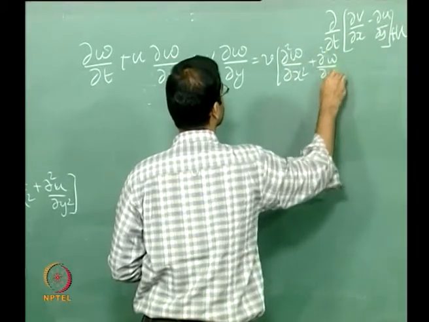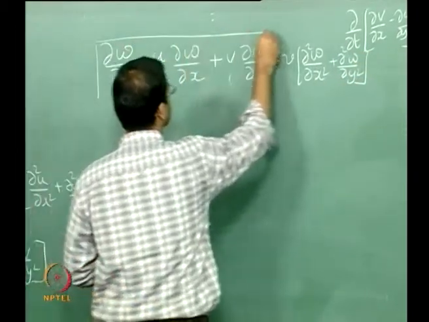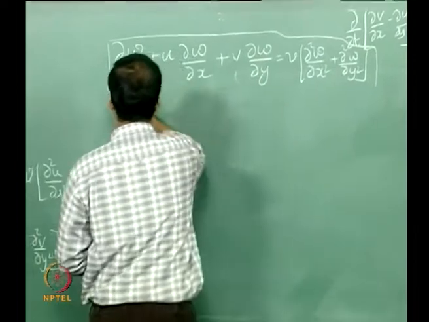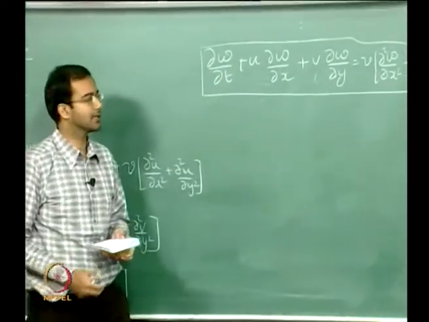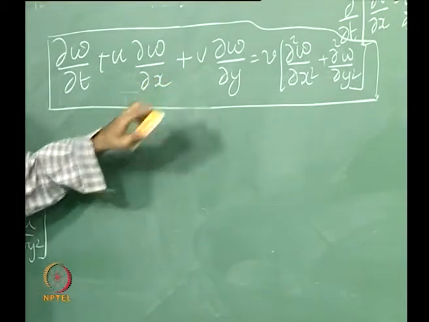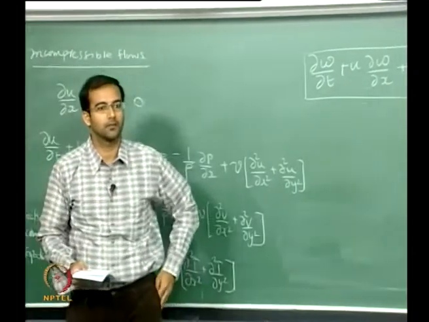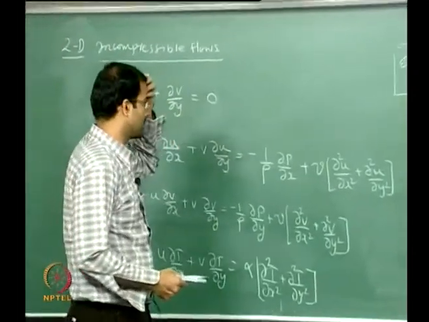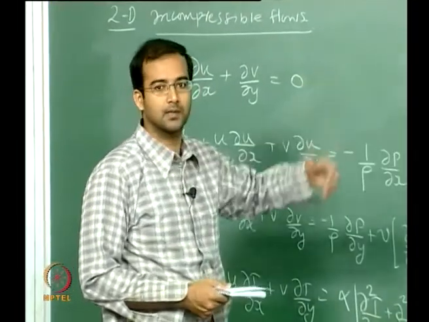So this is my governing equation for vorticity, or you can also say that this is the vorticity conservation equation. Have you derived this before earlier in incompressible flows? This is an important equation, and it simplifies because now your pressure terms are not appearing anymore.